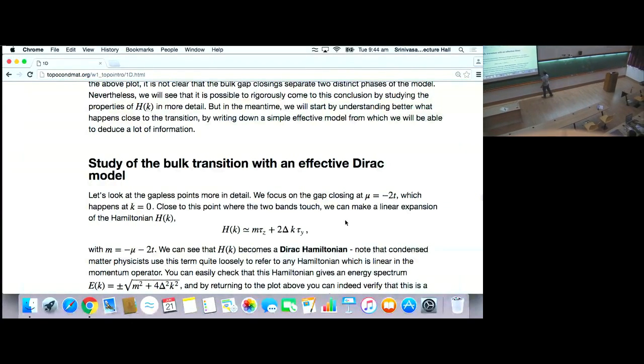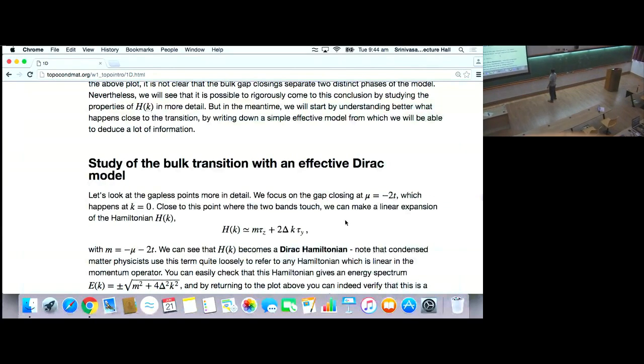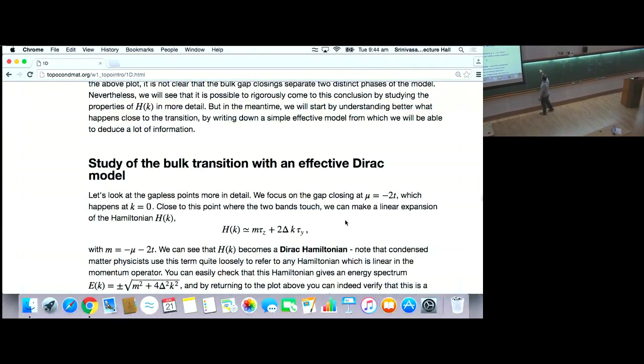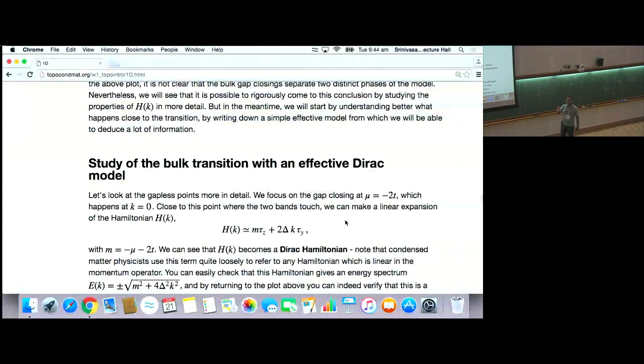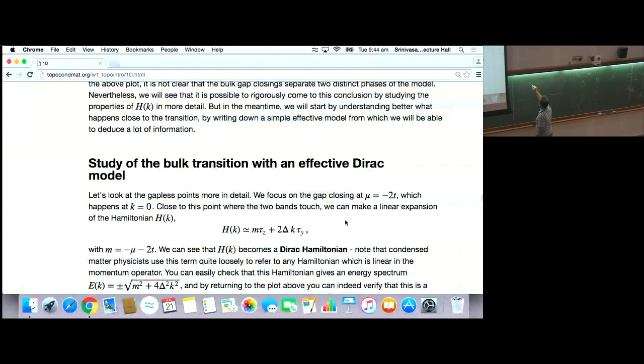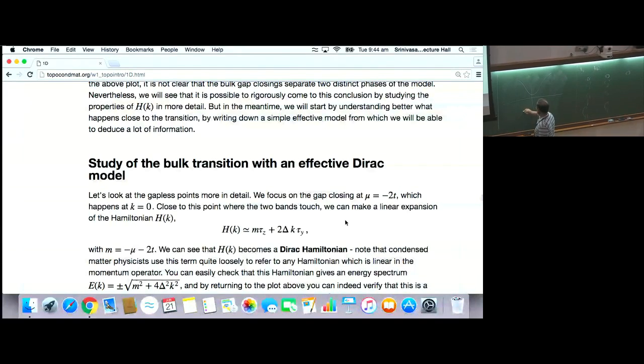We saw that in the bulk there was a topological phase transition, a bulk gap closure. On one side of the transition you had this, and then at the transition you had this gap closing. This is a Dirac point.